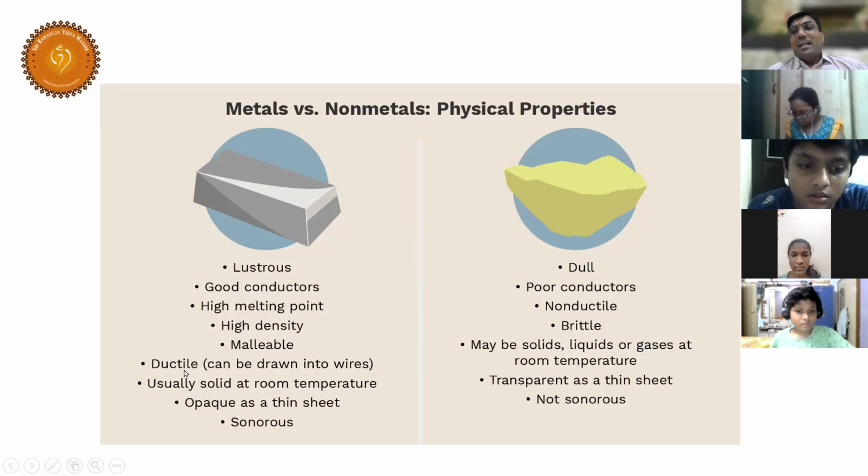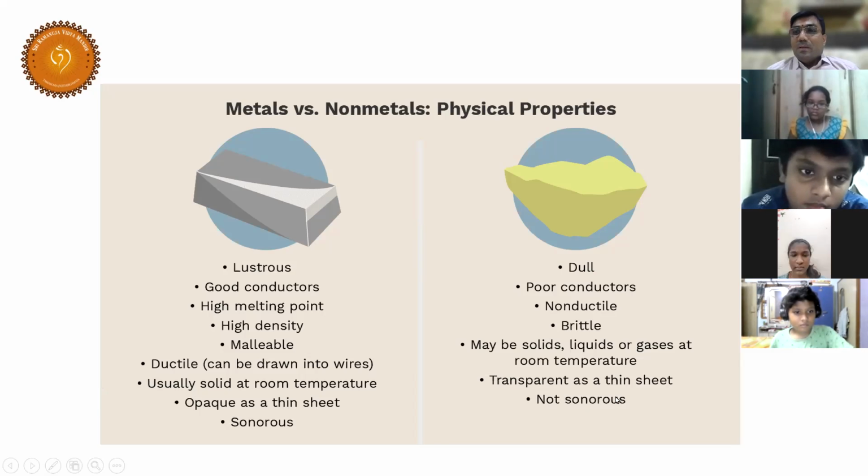Okay. Ductility I already asked you, but here the answer is there. You see, the cable industry is a very big industry. If you want television or computer or mobile, anything, you require a cable, right? That's why ductility is very important. If they do not have the property of ductility, you can't draw them into wires. The cable industry doesn't exist, right? Understood what is ductility?